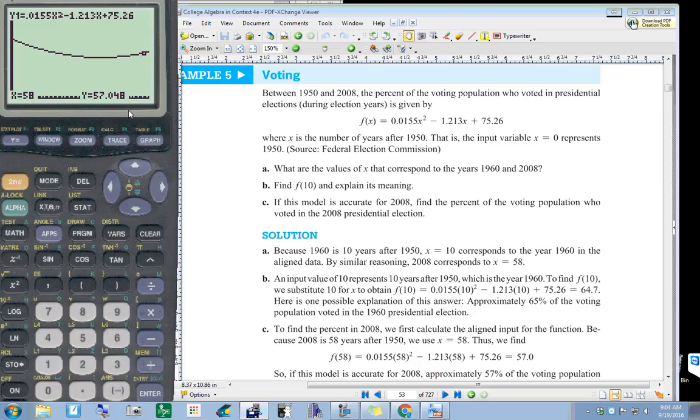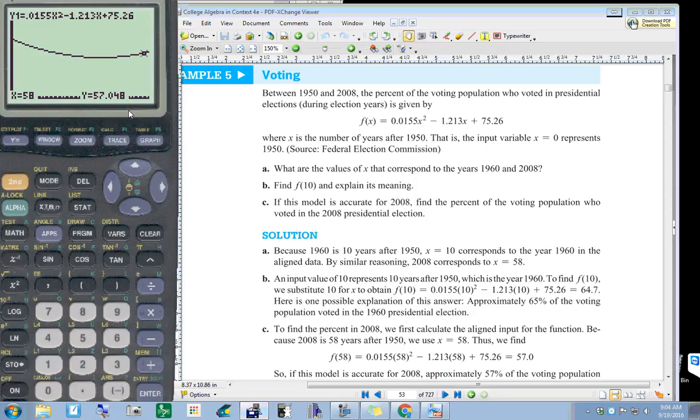That means that if this model is accurate, there's 57.048% of the population that voted in the last presidential election. That's if the model is correct. That's all it is.